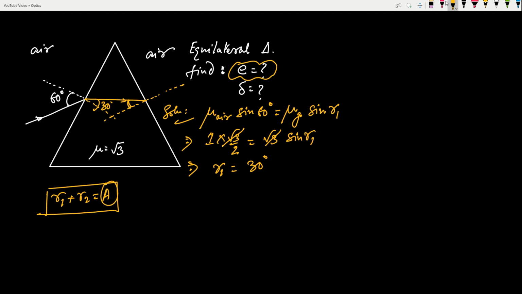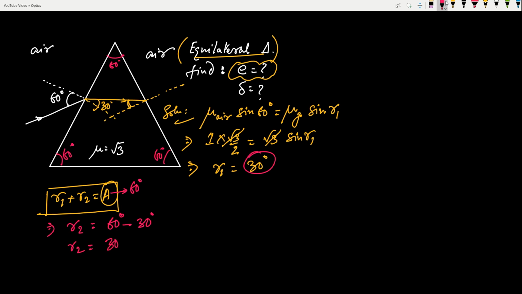If you look carefully into the question, it says the prism is an equilateral triangle, and for an equilateral triangle all angles are 60 degrees, isn't it? Therefore angle A is 60 degrees. Or directly, R2 is equal to A minus R1. Now R1 is 30 degrees, that is what we found here. Therefore R2 is 30 degrees. So simple as that.